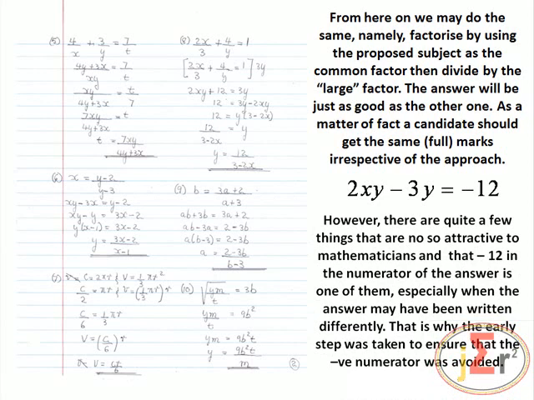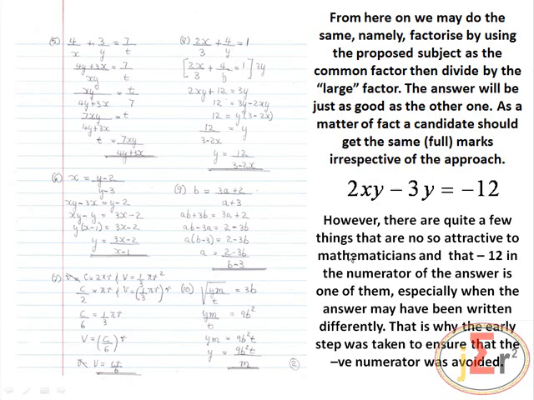However, there are quite a few things that are not so attractive to mathematicians, and that negative 12 that we have right here in the numerator of the answer is one of them. Now this negative 12, although we do not have that in the numerator of the fraction as yet, which would have been appropriate generally, we will look at why some do not consider it to be appropriate in the particular case that we have right here.